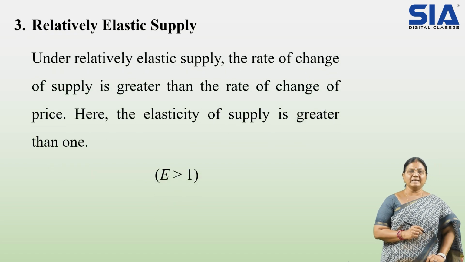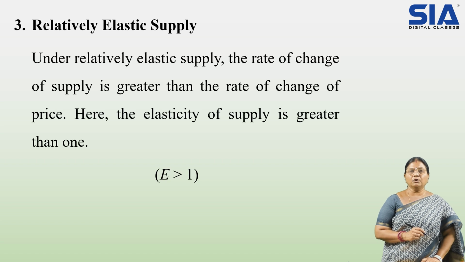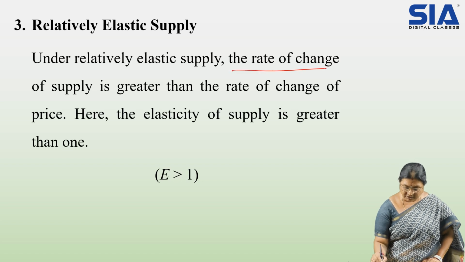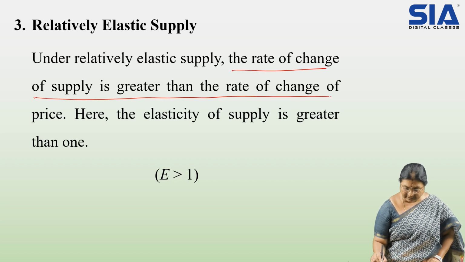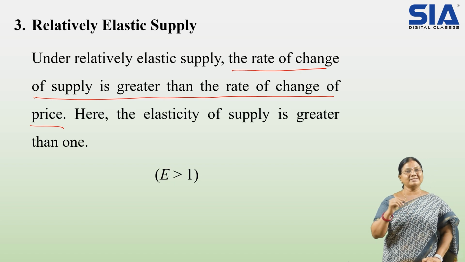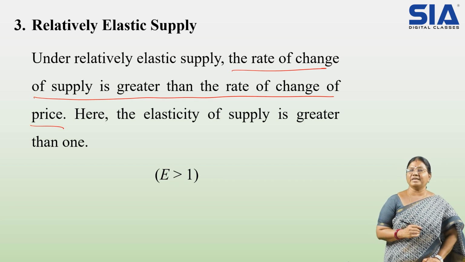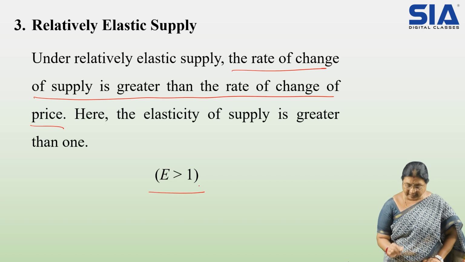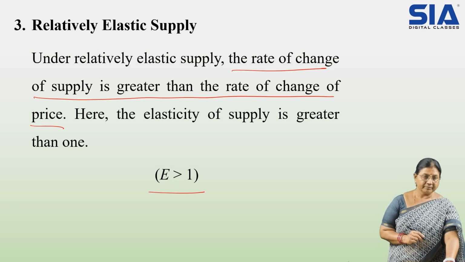The next one is relatively elastic supply. Relatively elastic supply is the situation where the rate of change of supply is greater than the rate of change of price. That means the change of the price is less compared to the change of the supply. The change of the supply is more compared to the change of the price. This is said to be relatively elastic supply, and E is greater than 1.